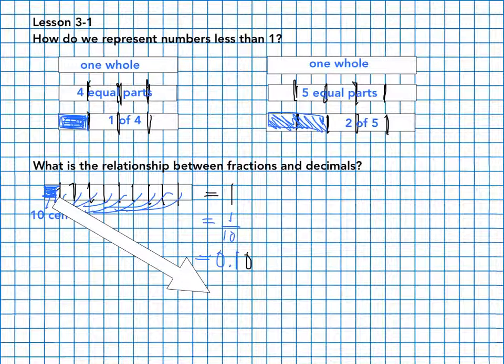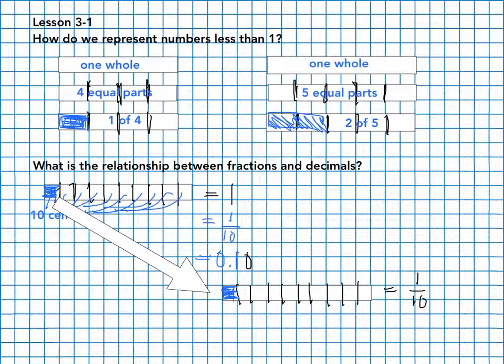Now, if we take that 10 cents, that dime, and move it and break that into 1, 2, 3, 4, 5, 6, 7, 8, 9, and now we have 10 things, and we're going to color in one. We have taken something that was 1/10.